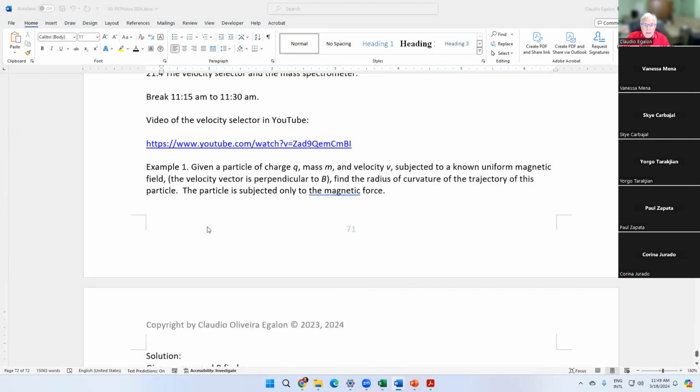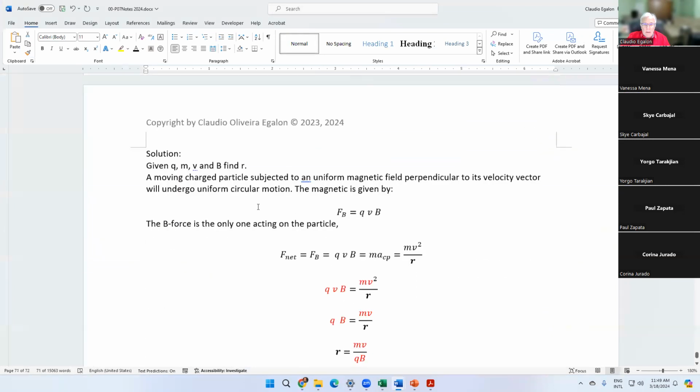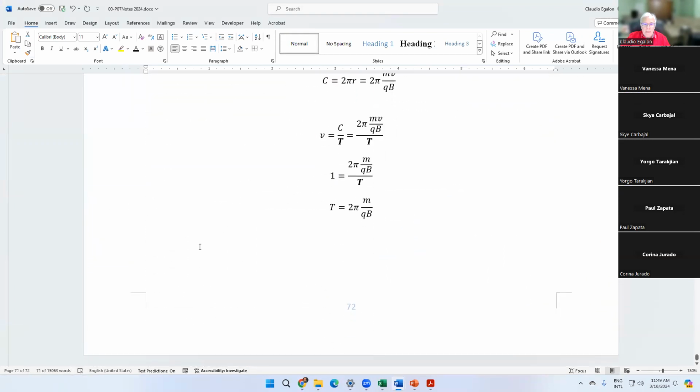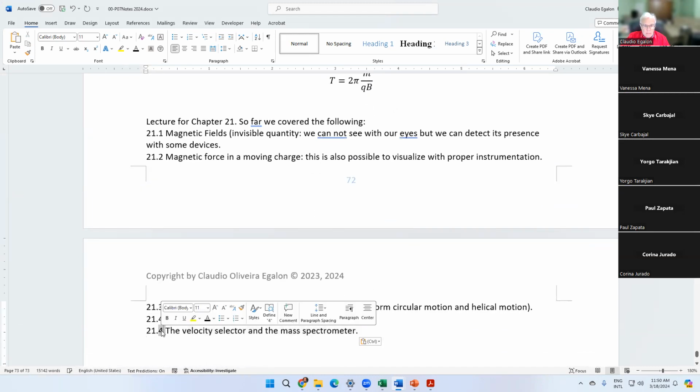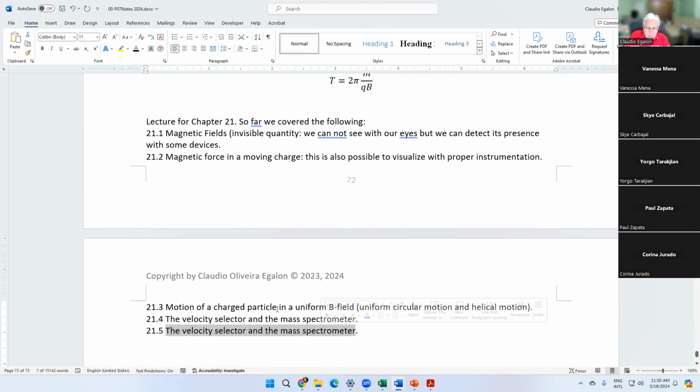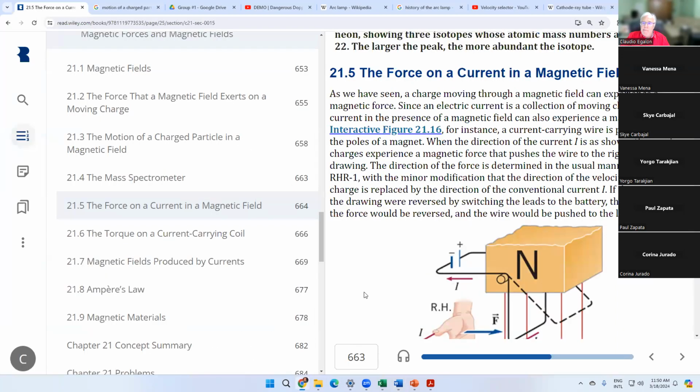Going back here, section 21.5, magnetic force on a current. Force on a current in a magnetic field, right?